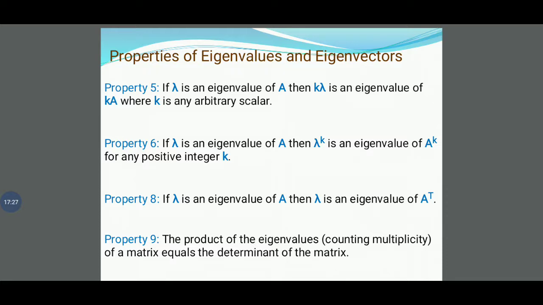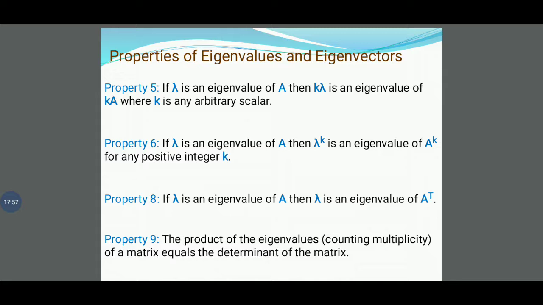And if you consider A raised to k, that is A square, then the eigenvalues of that matrix are the squares of the eigenvalues of A, that is 2 square, 3 square, 4 square, means 4, 9, 16 are the eigenvalues of A square. Directly we can consider the eigenvalues for the matrix. This is the property number 6.